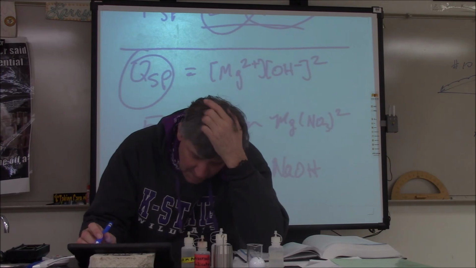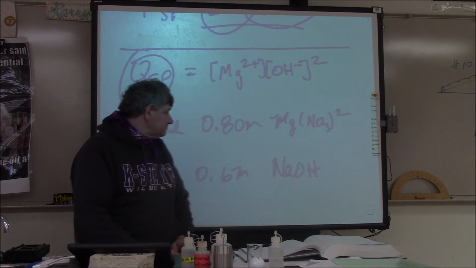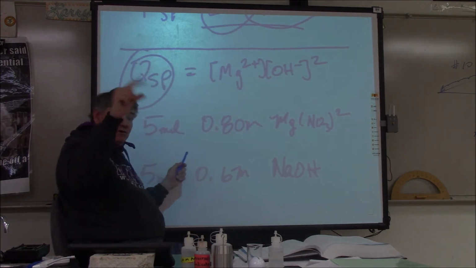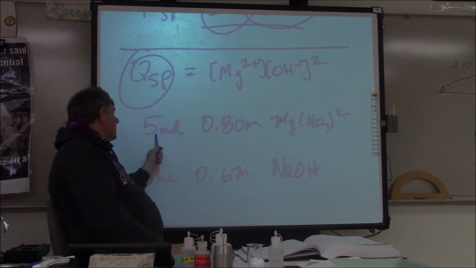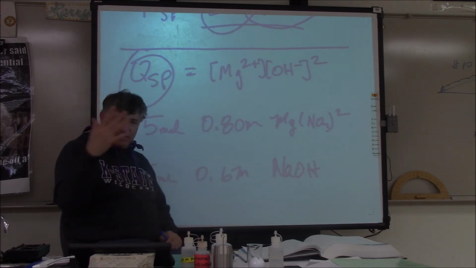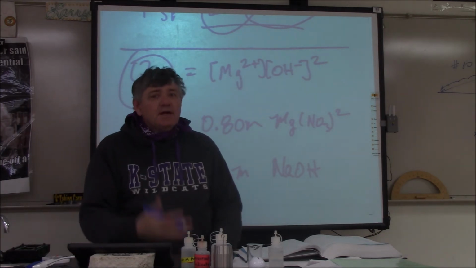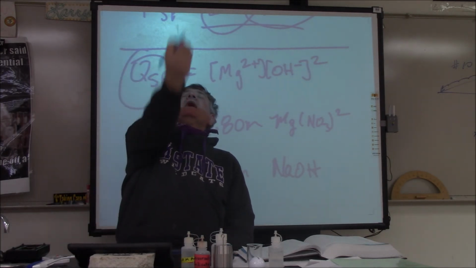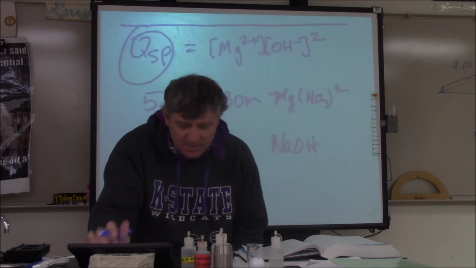That's what I did. I poured that. This is what y'all want to do in the lab eventually. I took 5 milliliters of this and 5 milliliters of this and mixed it together. Now, this is what I have to absolutely, completely stress to you.